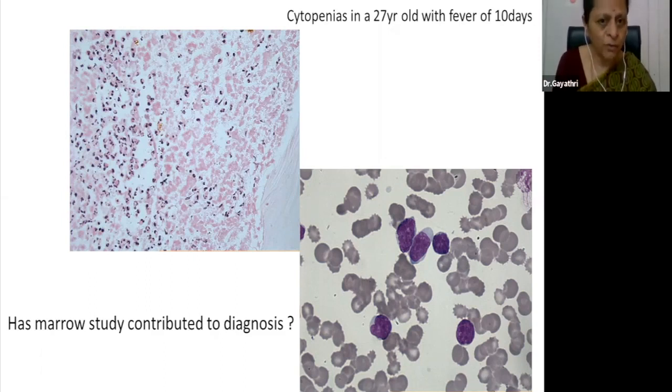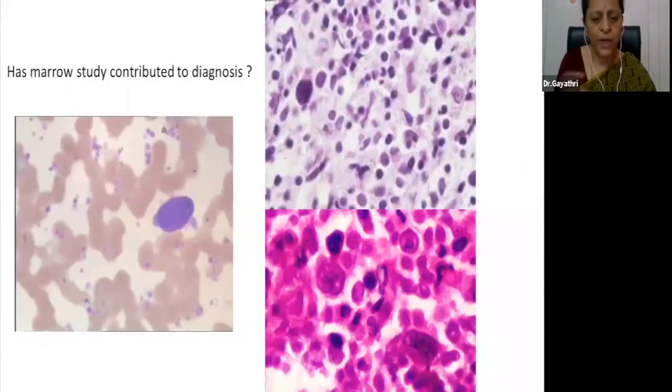Neither IHC nor flow cytometry could help. What helped is the presence of these blasts in this case. So in this situation, marrow has not really added value. But will you not do it? You will attempt. To know that there is massive myelonecrosis, you would need to do a trephine. And why should you know?